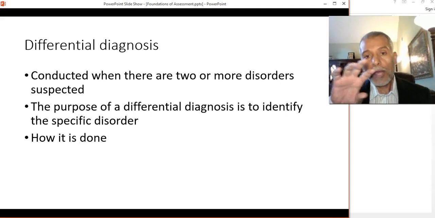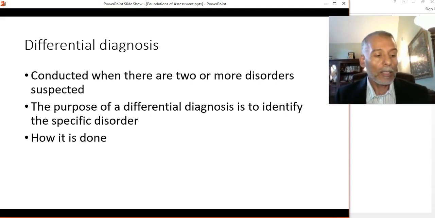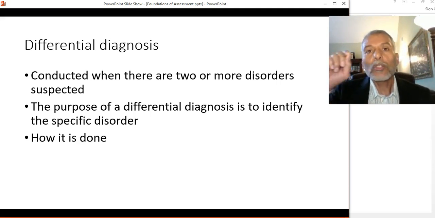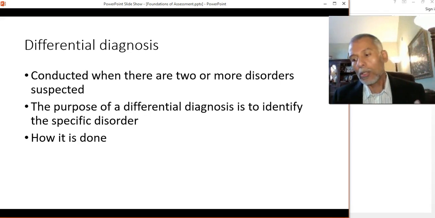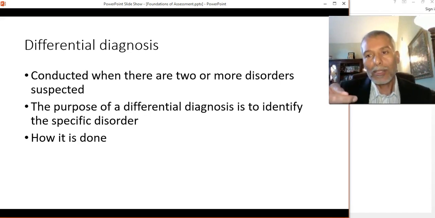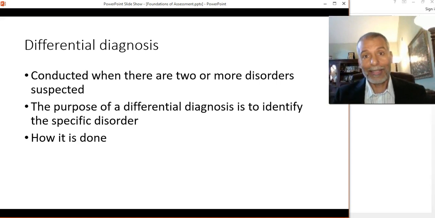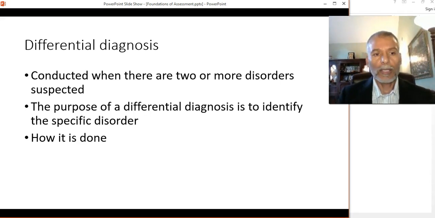So you have to constantly be aware of the different features of different disorders, so that when you make a diagnosis, that diagnosis is accurate. You don't want to do the testing and say, this person has this disorder, and then someone else does the testing, gets a different result, and says, no, there's no evidence of that disorder, but there's evidence of that instead.